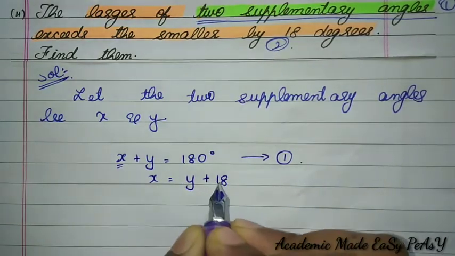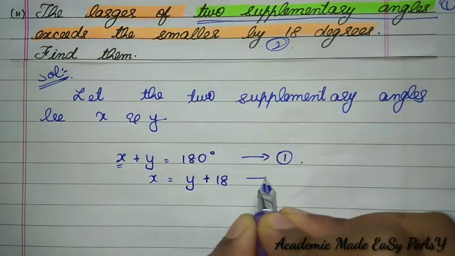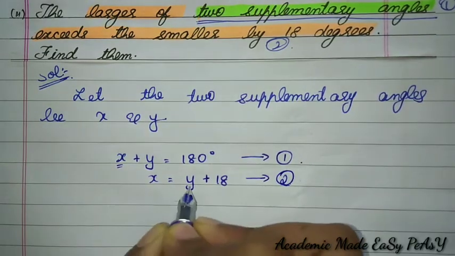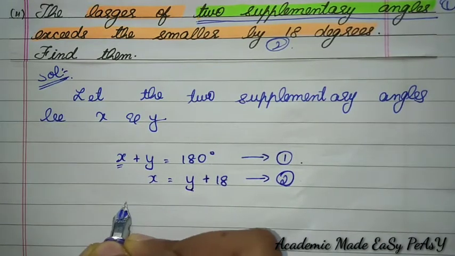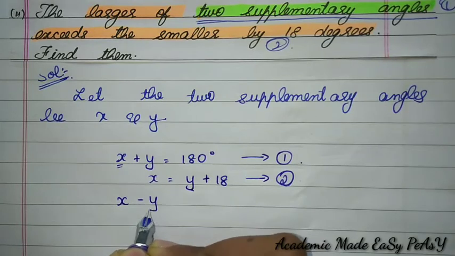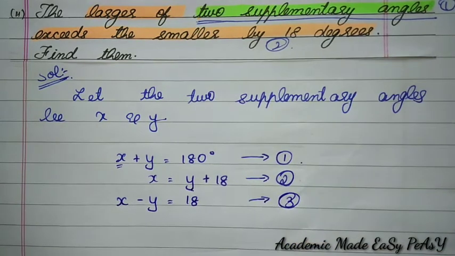Let this be equation 2. Let me have the variables all on one side, so x minus y is equal to 18. Let this be equation 3.